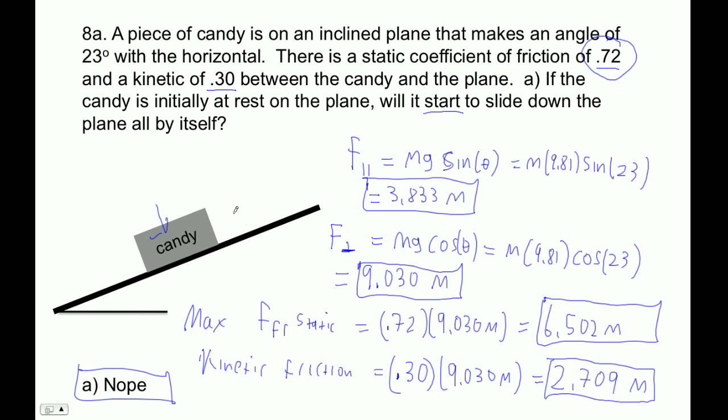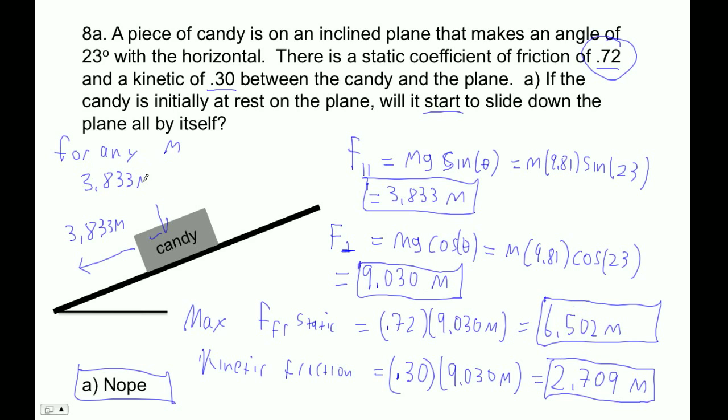Okay, so now the question is, will it start to slide on the plane, right? It's definitely not going to start to slide on the plane, right? Because for any m that's greater than 0, unless we have antimass, the parallel force, which is acting down the plane, this guy here, 3.833 m, is not as big as the maximum static, right?